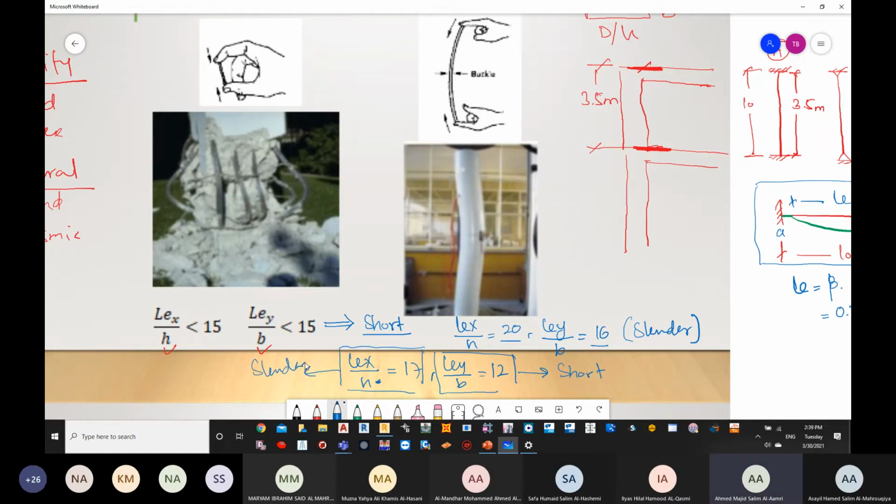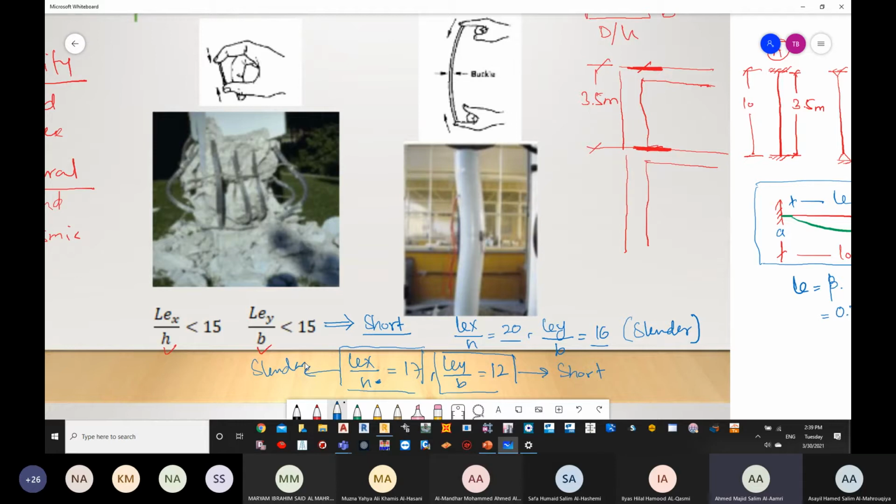The classification of the column itself: if any of the ratios is more than 15, or both of them, then this column is considered a slender column. Whether you will be designing both directions as slender depends on the ratio for that particular direction.